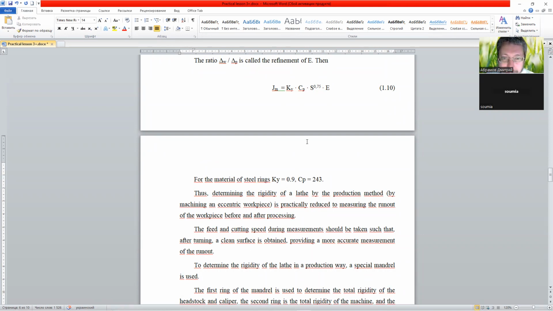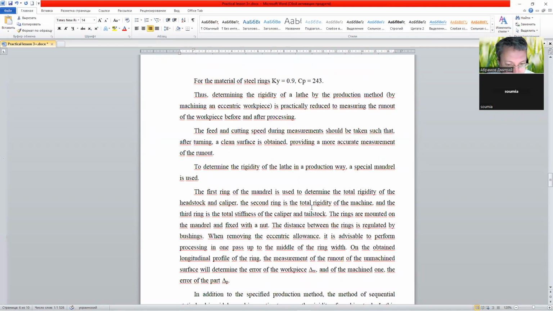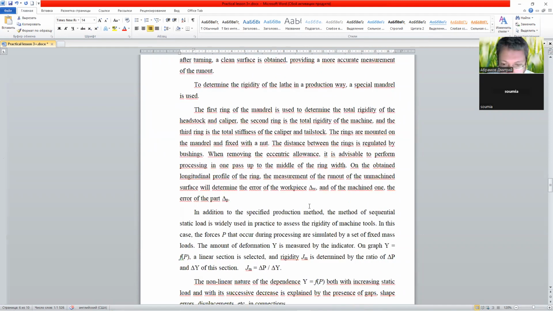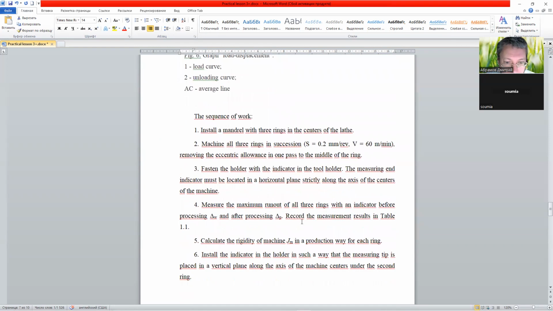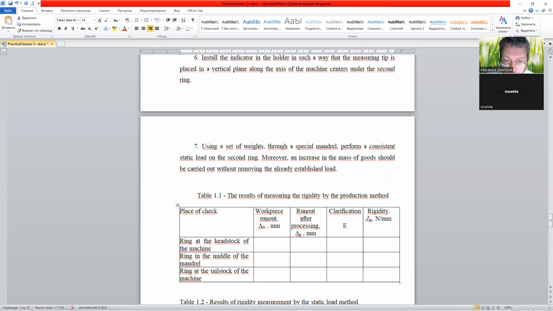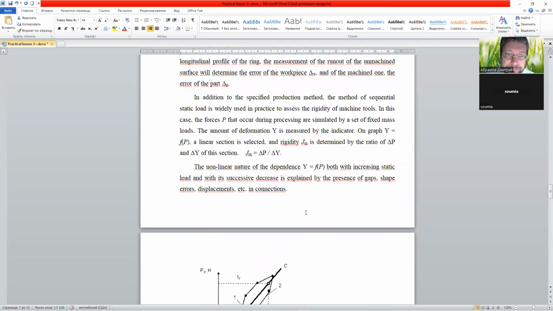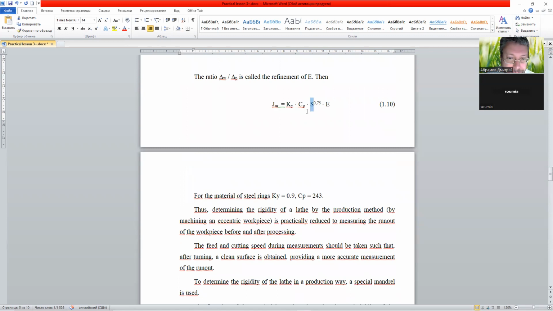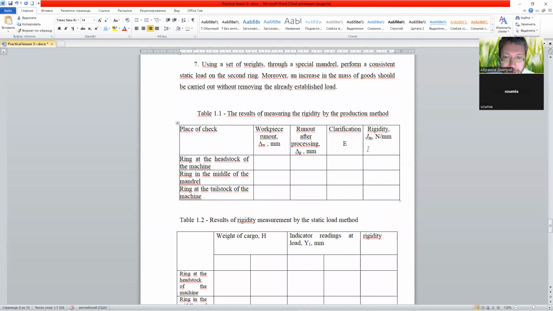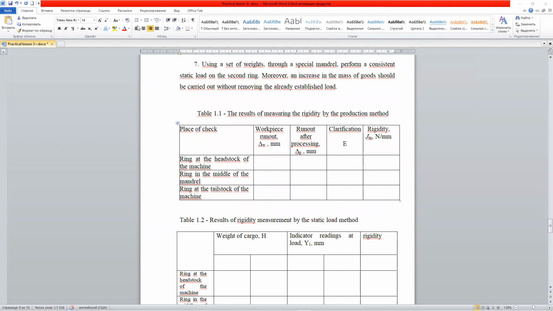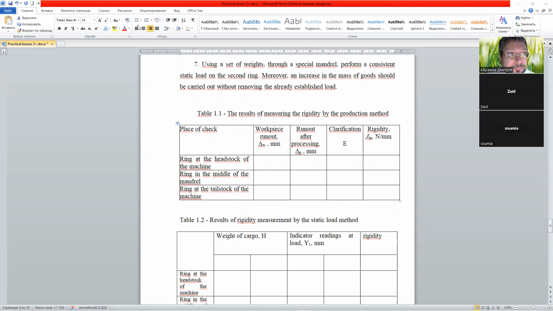And S. S is equal to 0.2, and you can calculate E and j_m. Teacher, where can we find the values of the other?